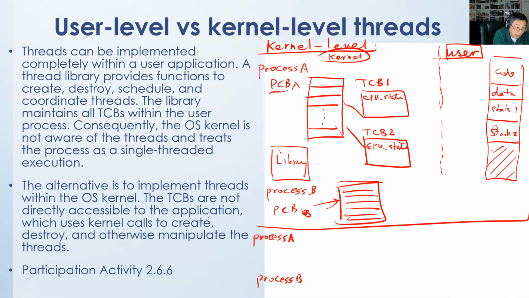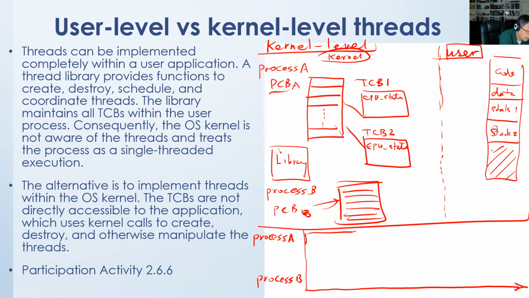Now in that case, if the operating system supports multi-programming, and the operating system is aware of the multiple threads for process A, then when you do the CPU allocation, the operating system is going to say, okay, process A has 2 threads, right?